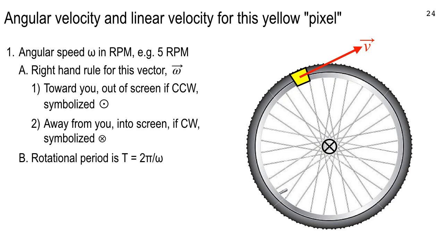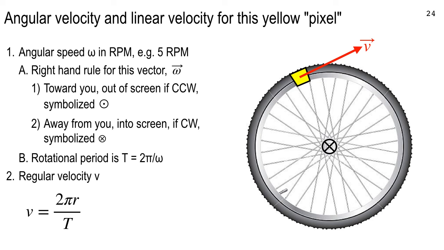Now, the rotational period is 2 pi over omega. The regular velocity is v, and in fact, v is equal to 2 pi r over the period, capital T. So now down in the denominator, instead of capital T, just slot in the fact that T is equal to 2 pi over omega.